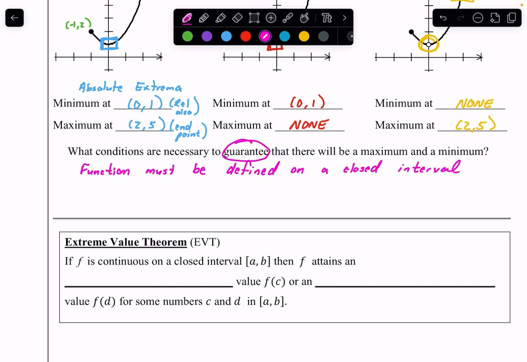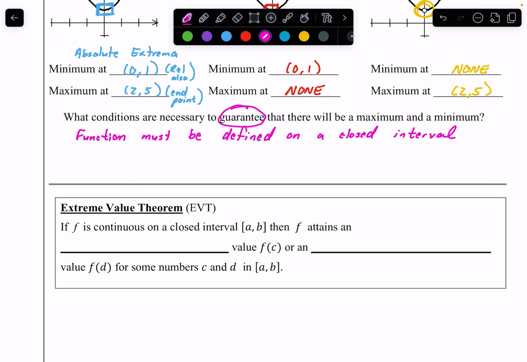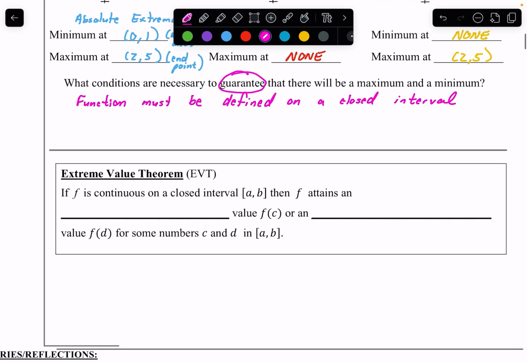Now, the point of all of this is to lead up to the extreme value theorem. Now, we've already talked about the intermediate value theorem, so that was the first theorem that we really dove into. Extreme value theorem has some similarities. It's not near as complex, but it's definitely talking about this analysis of the function.